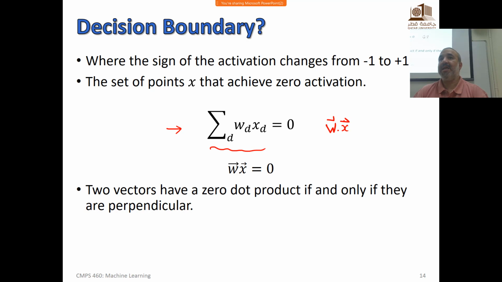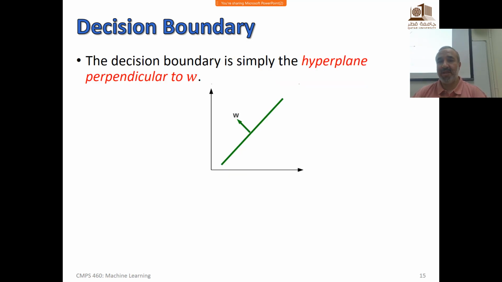That means that if we look at the weight vector, all the points on the decision boundary are on a vector that is perpendicular to that vector. That means that the decision boundary is perpendicular to the weight vector. If that's the weight vector, then the decision boundary is perpendicular to it.